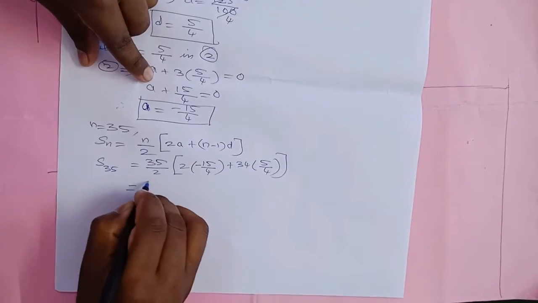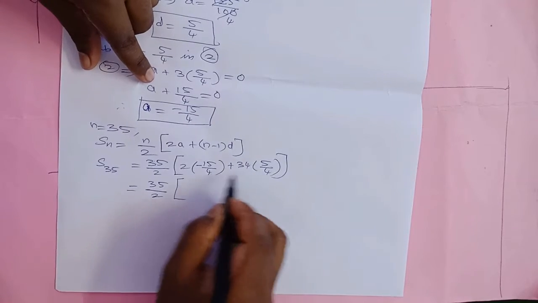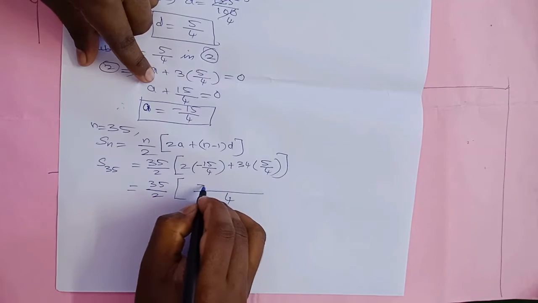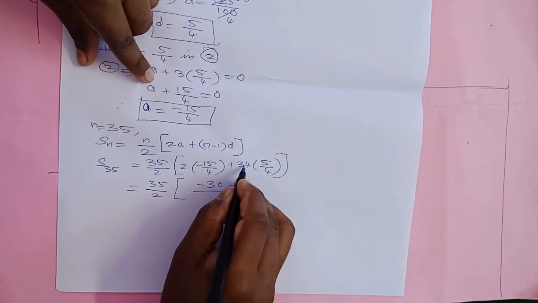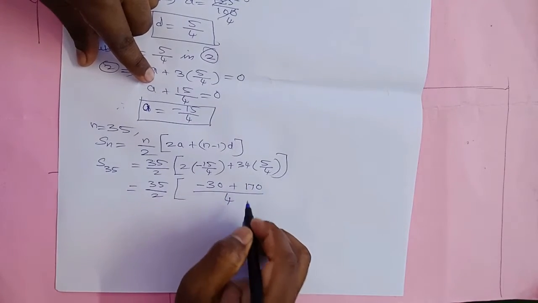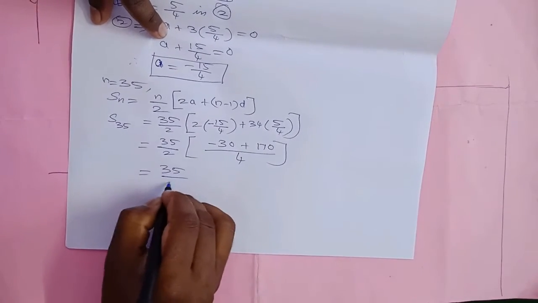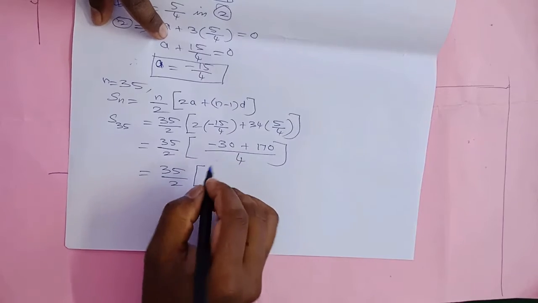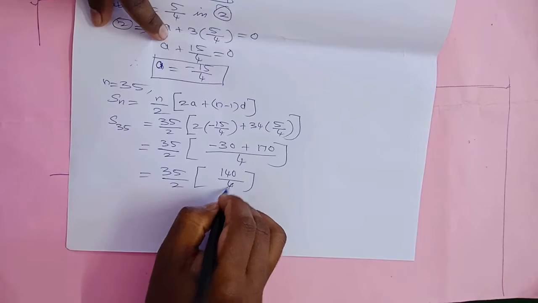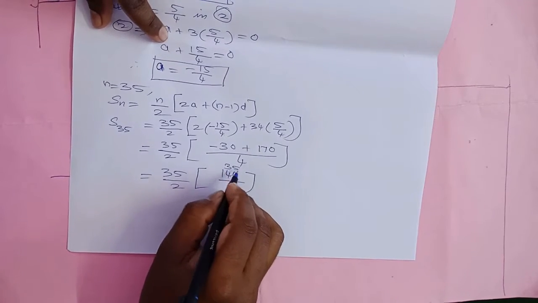Now this is equal to 35 by 2 into, see, both denominators are 4. So let us take the LCM as 4. 2 into minus 15 is equal to minus 30, plus 34 into 5, which is 170. Now this is equal to 35 by 2 into 170 minus 30, which is 140, divided by 4. 4 into 35 is 140.